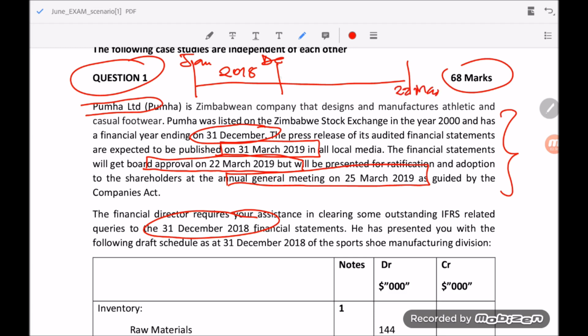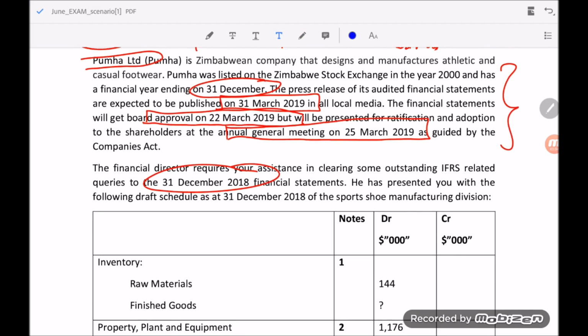This period between December and the 22nd of March constitutes the period in which we consider any events as to whether we should adjust or not. Anything subsequent to that period, nothing gets adjusted, because it concerns the next period, since the financial statements have already been approved to be published. So in a nutshell, that was the information we're getting there.